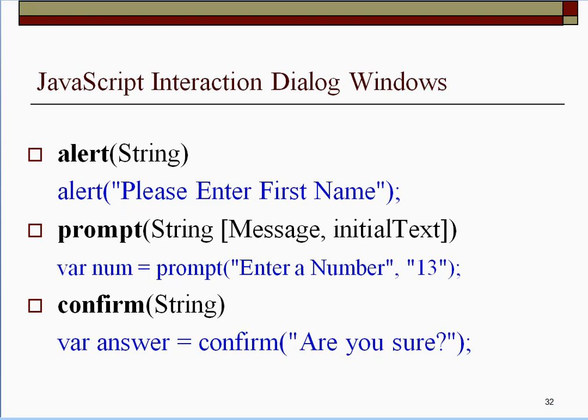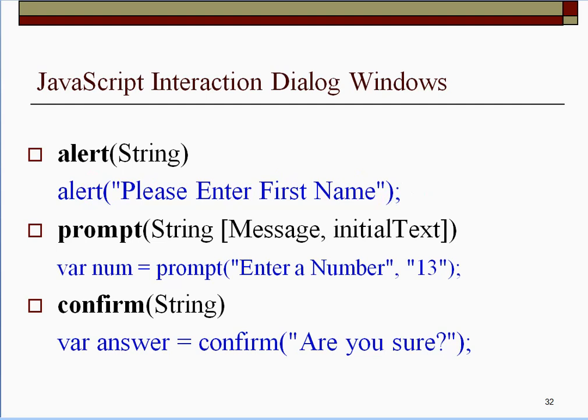They are called as functions with arguments provided to them. The alert takes as an argument a string that will be displayed in the box, like this, for example. Alert, and then the string, please enter first name.